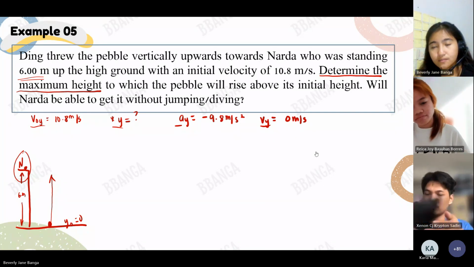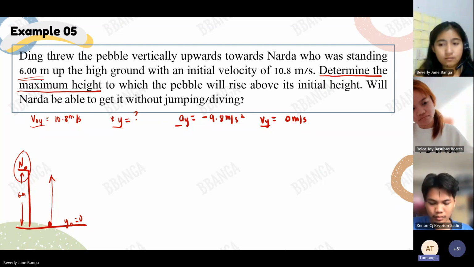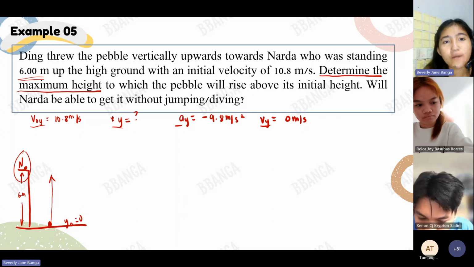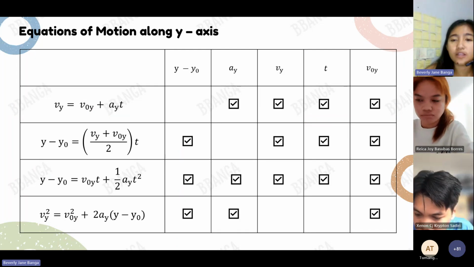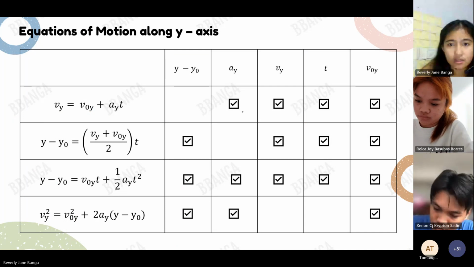Alin? Ma'am, yung formula number 4 po. Formula number 4. Okay, so that's correct, no? So, para dun sa mga hindi nakasunod, formula number 4, again, mali na naman ako dito. Wait lang, adjust ko lang.